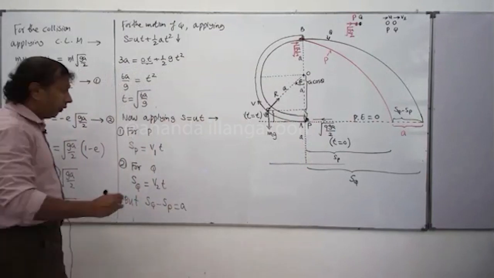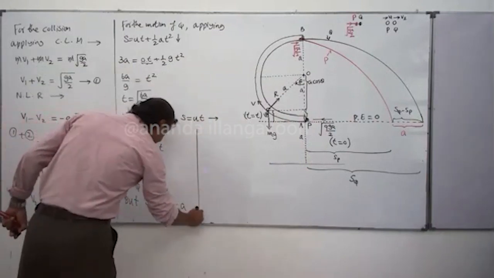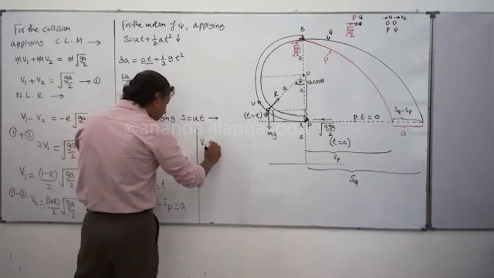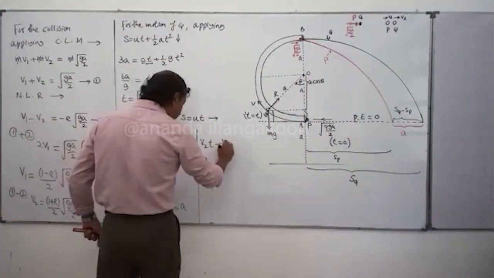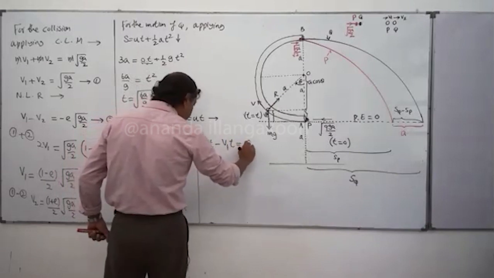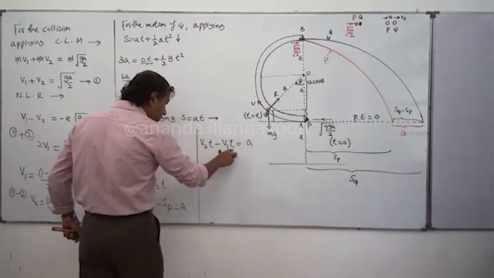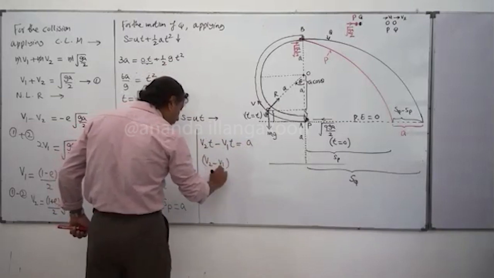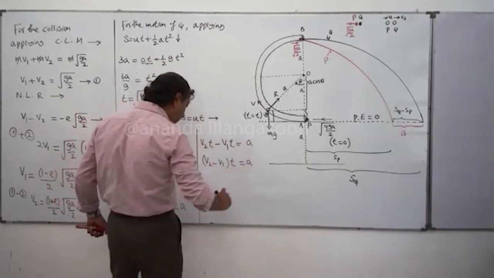Okay. Now you can write sq is v2t, sp is v1t, it is equal to a. Right. Now we can take this t out, people. v2 minus v1 times t equals a.